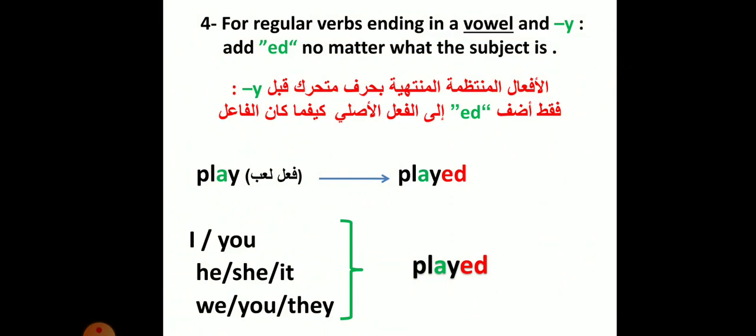The verb ends in Y and it is preceded by a vowel, which is A. So here, we add ED. We don't change Y to I because Y is preceded by a vowel. Play becomes played no matter what the subject is. We just keep played.